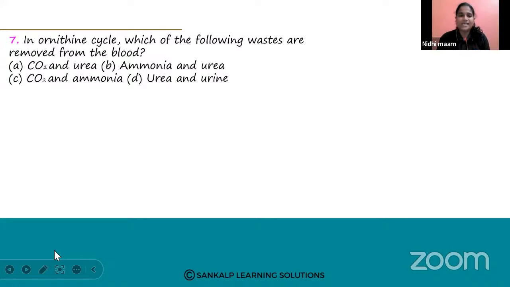So ornithal cycle, which of the following wastes are removed anta baratte. So the right answer is here carbon dioxide ಮತ್ತೆ ammonia. ಹೌದಾ? So in ornithine cycle, ammonia ಮತ್ತೆ carbon dioxide remove ಆಗತ್ತೆ. That ammonia will be converted into urea. ಎಲ್ಲಾಗತ್ತೆ? It is converted into urea in the liver by a series of biochemical reactions.